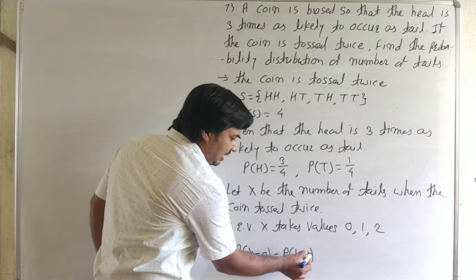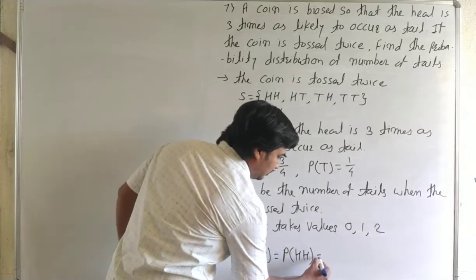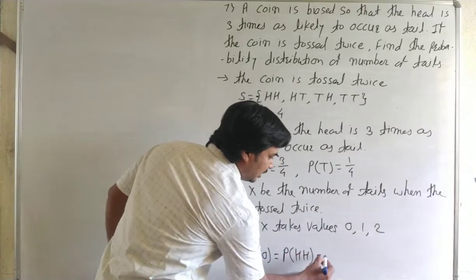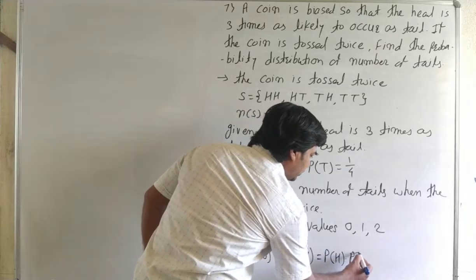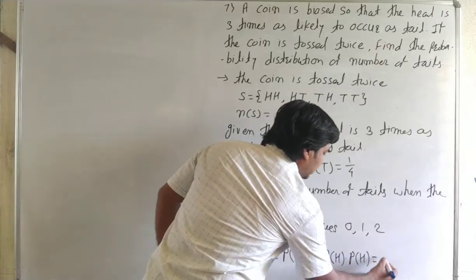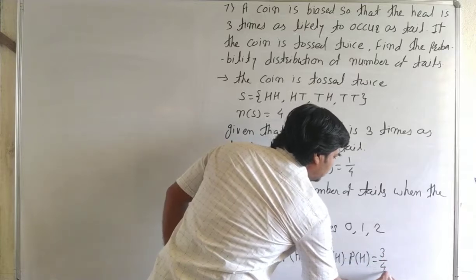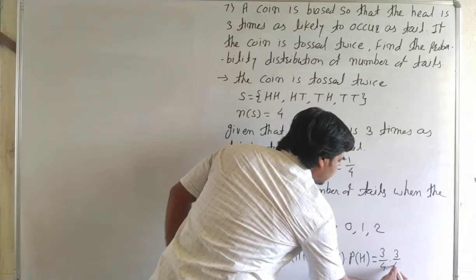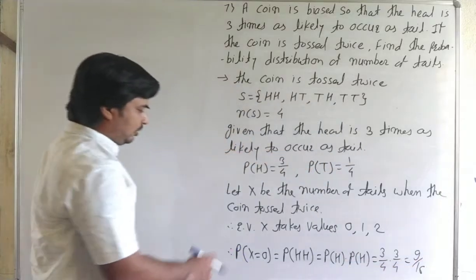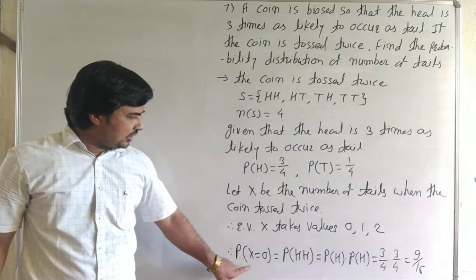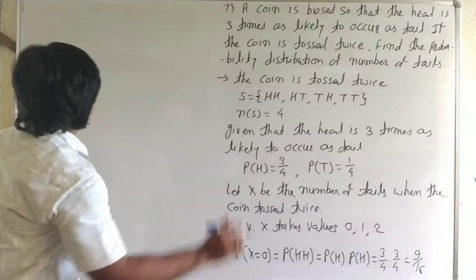Here H and H, that is head and head, and here it is 'and', therefore by the principle of multiplication, probability of H into probability of H, and the probability of H is 3/4 into 3/4, which is 9/16. This is the probability of X equal to 0, where X is the number of tails.